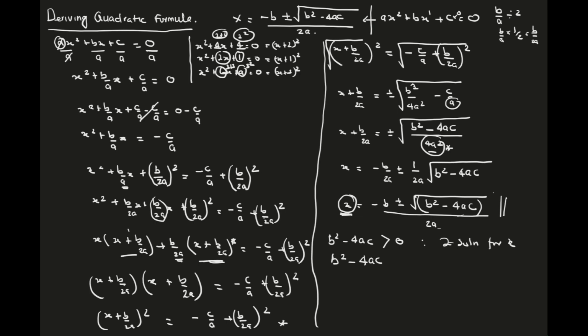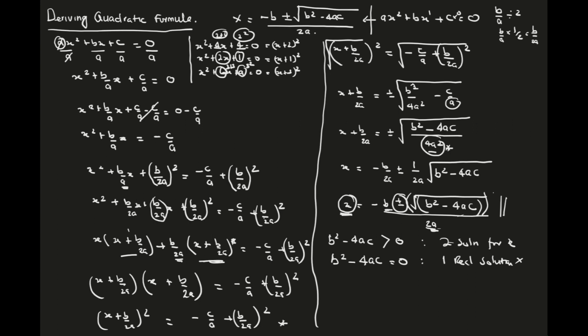And if b squared minus 4ac is equal to 0, if this whole thing is 0, it means that it will cancel out this whole section. Okay, meaning that you just have this one and that one remaining, meaning that you've removed the plus or minus portion, meaning that you have 1 real solution for x.